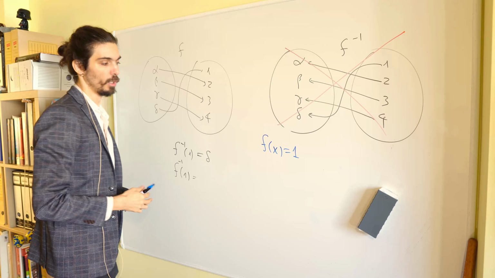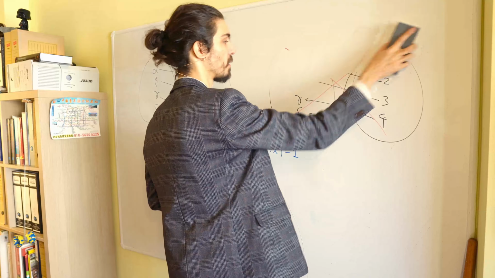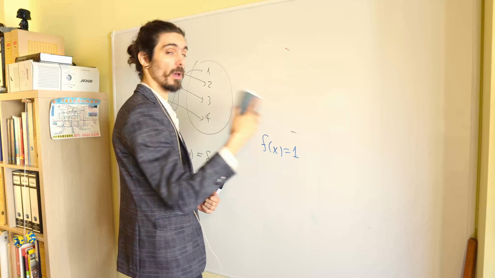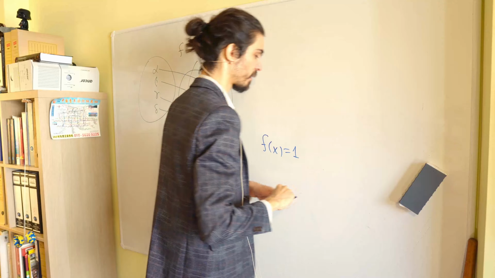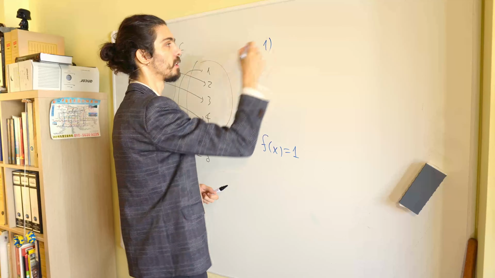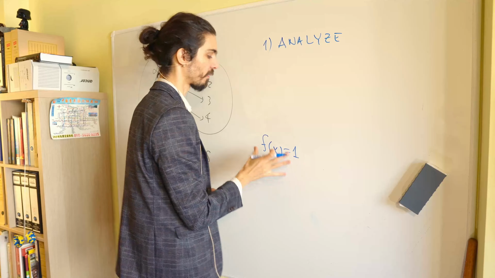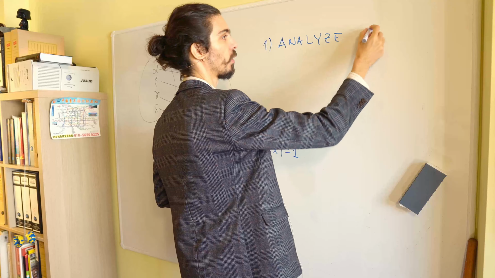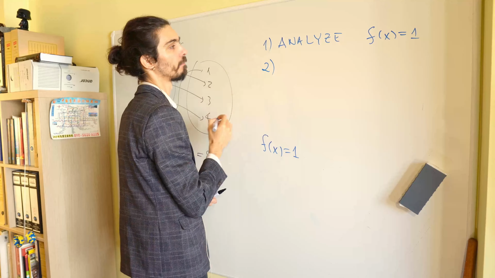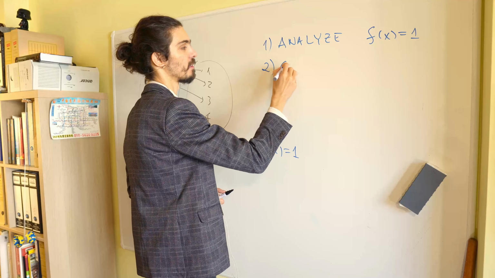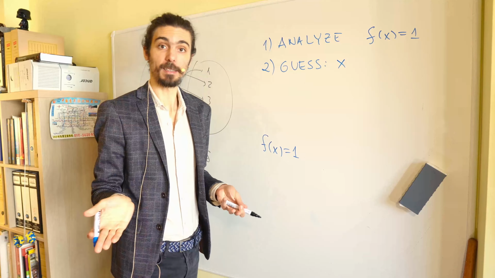So in order to solve this, I'm going to give you a 3-step recipe, which, by the way, you can use for many other equations, not just this one. Let's write it out. The first step is to analyze. You analyze the equation f of x is equal to 1. The second step is to guess. You guess x. What x do you think solves this?